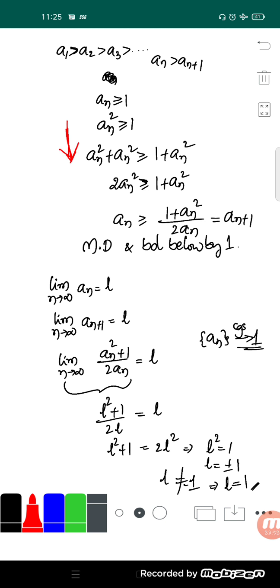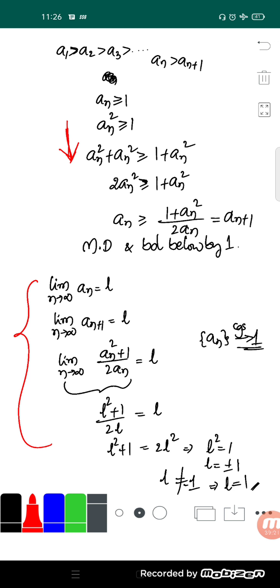You can sense it by general sense, whether it is bounded below or above. Then you can directly perform this step to find its limit of convergence.